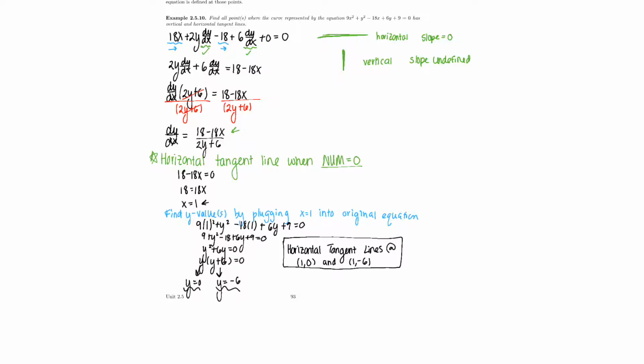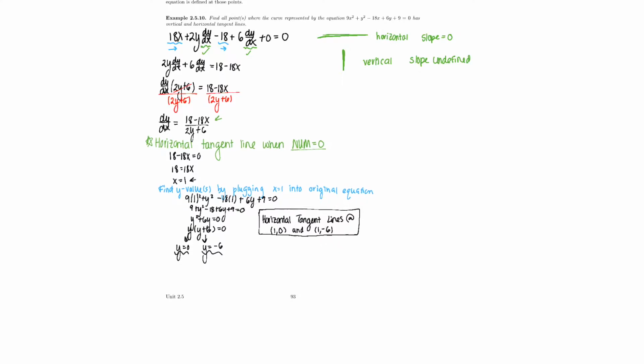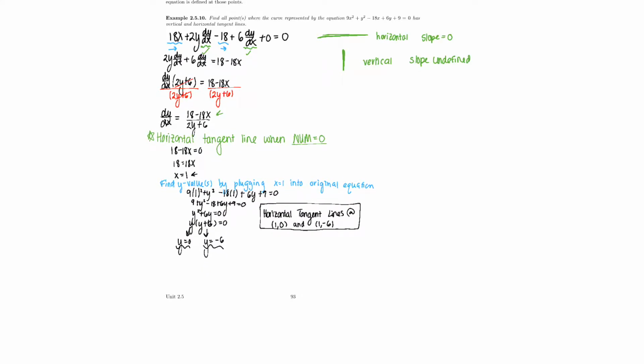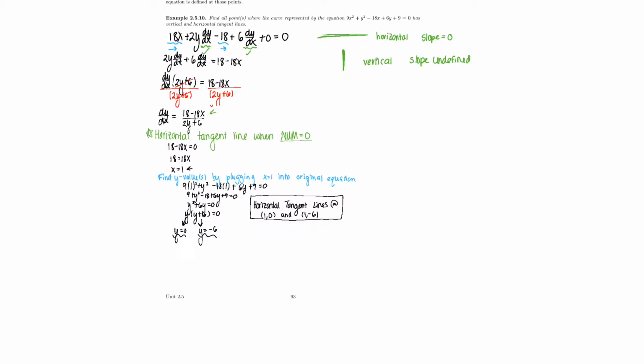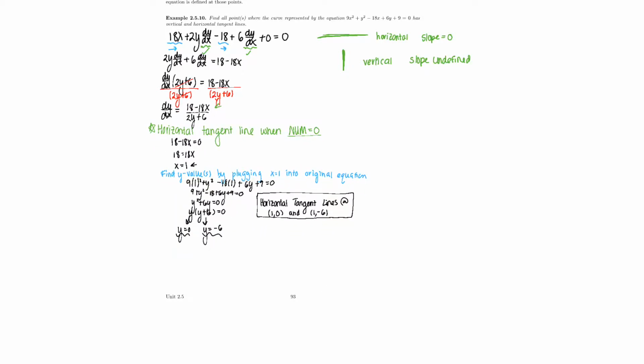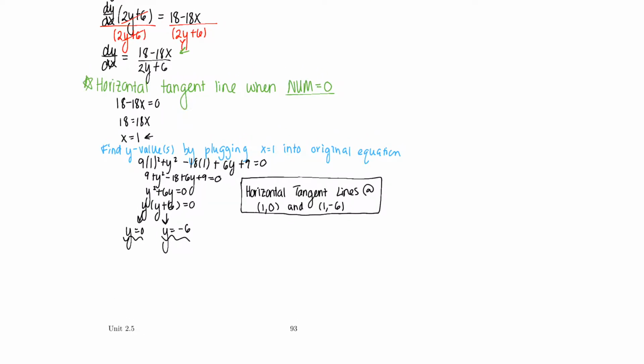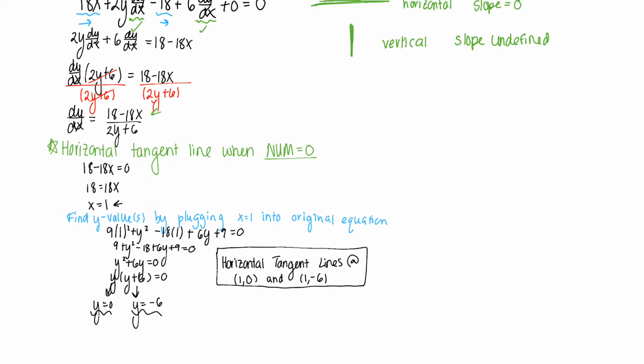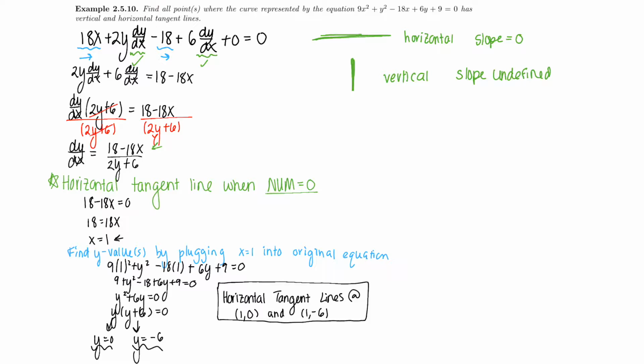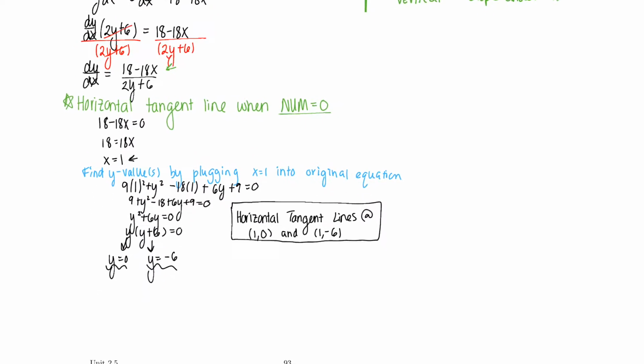And now, because I ran out of space, let's shrink that up a little bit. I'll try to take up a little less space here. For this undefined part, so for the vertical line, because it asks for the vertical tangent lines as well, you're looking for where the slope is undefined.